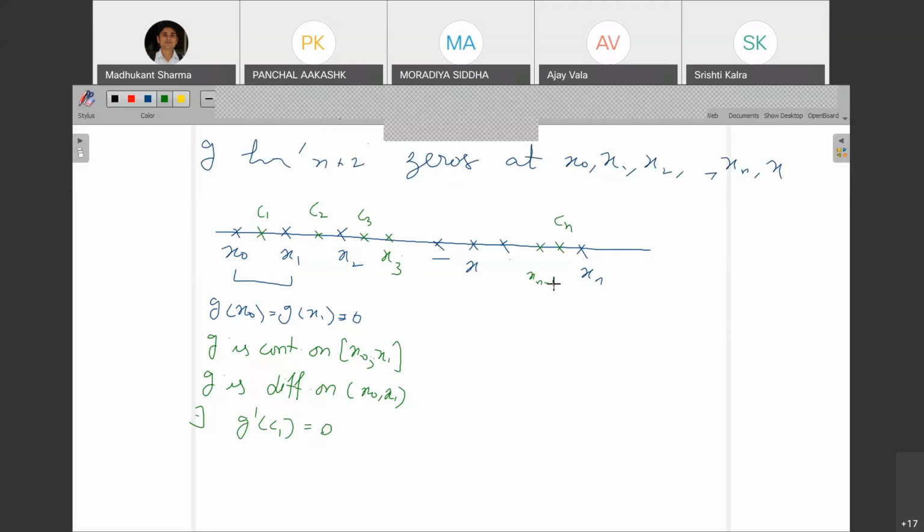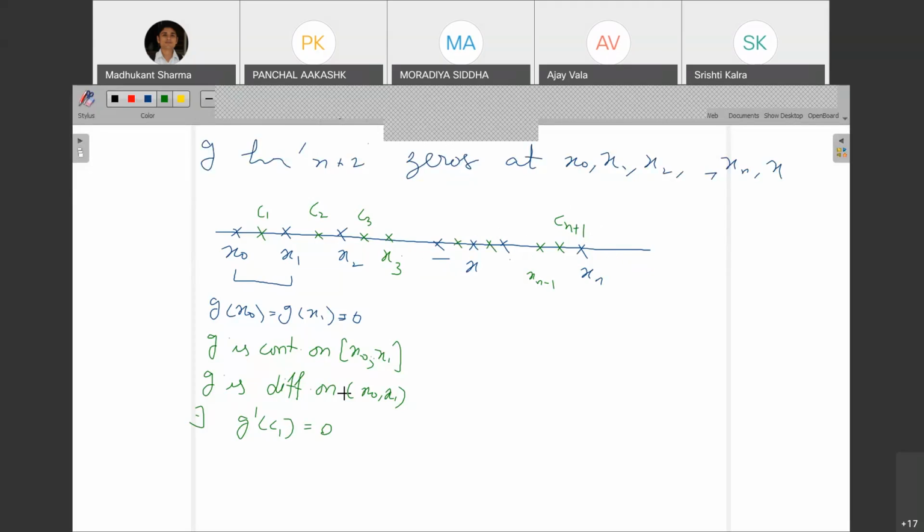These are n plus 1 zeros, because x lies somewhere in between, and we don't know where it lies. So additionally, one more zero comes.